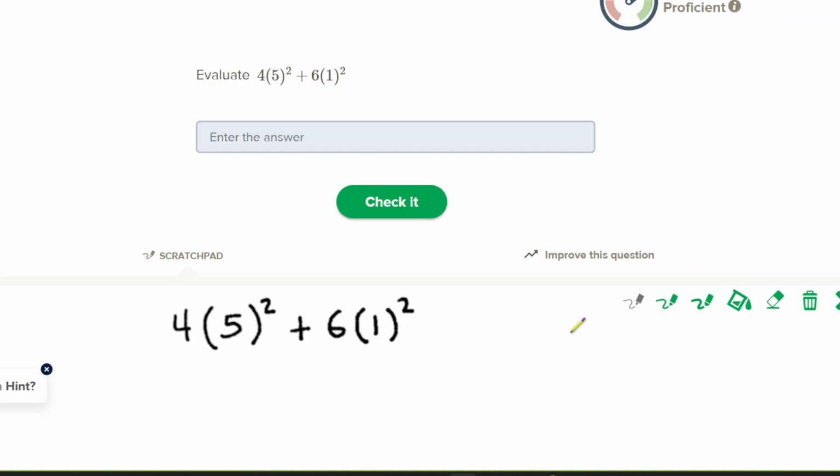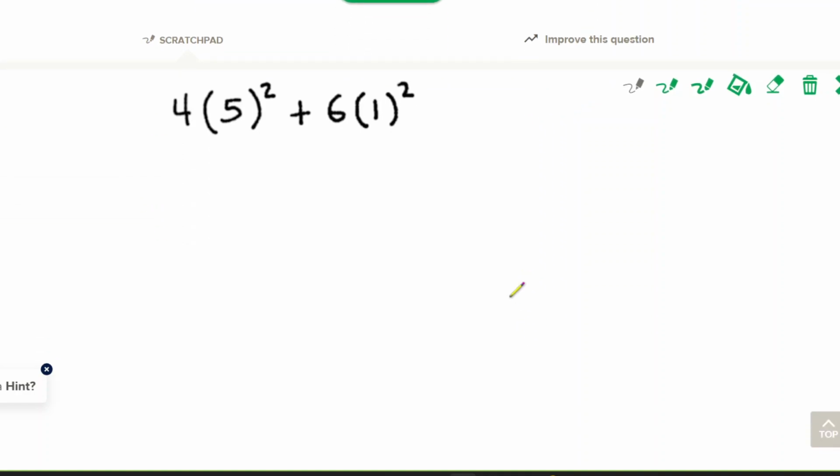And then doing the order of operations following that same recipe every single time. So again, there are parentheses here, sure, but inside the parentheses, there's only a single value already. So there's nothing to do inside them, right? There's a 5 inside this set of parentheses. There's a 1 inside this set of parentheses, right? So there's nothing more to do in those parentheses.